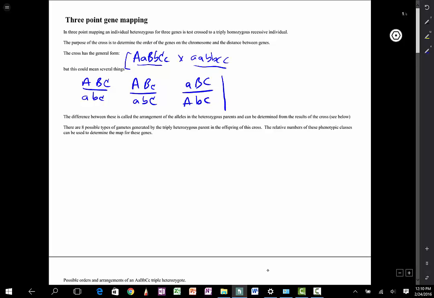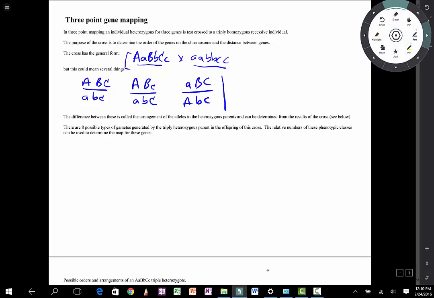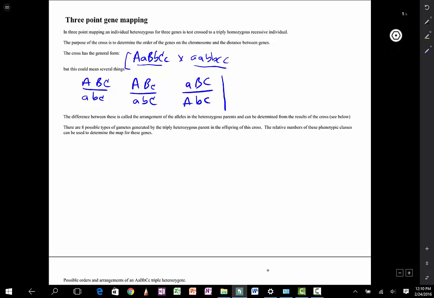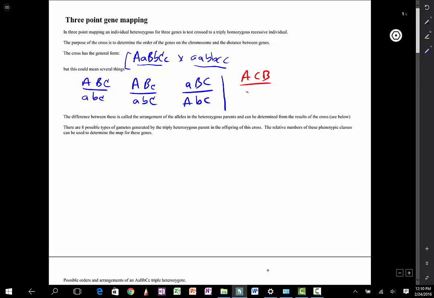We also can get things in different orders. So one of the things that we're going to have to do is figure out what order these genes are in. So here I've written it as if A, B, and C are in that order, but it could easily be A, C, B. And if it's A, C, B, you could have A, C with a little b, and a little c, big B. So you could have something like that.